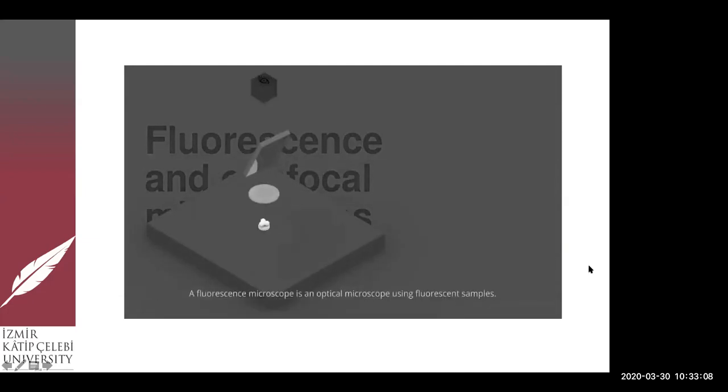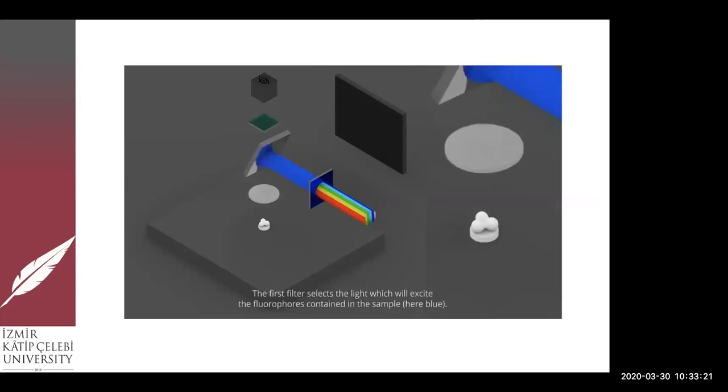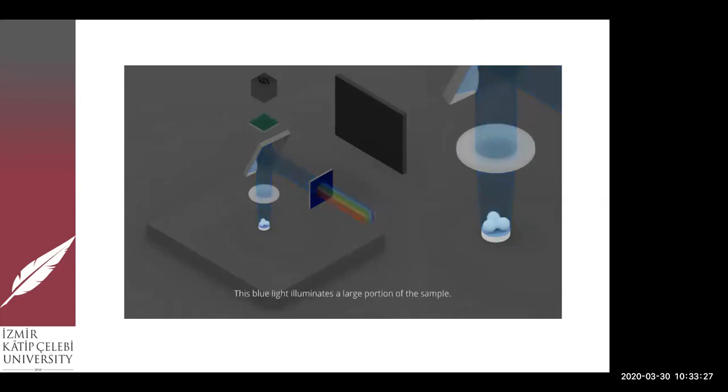So at first we can see a fluorescence microscope is also an optical way to visualize small samples. We could see the smaller number of components being shown. We could see only one kind of light targeted to the sample, which here is a blue light.